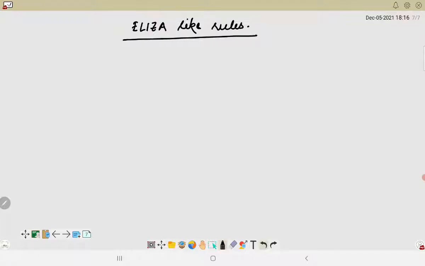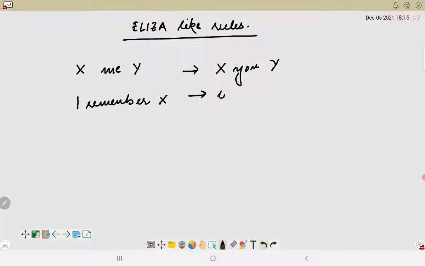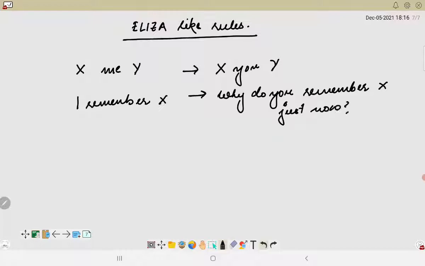Suppose I have something like X, me, Y. Then it will have something like X, you, Y. Then, I remember X. Here the response will be, why do you remember X just now?